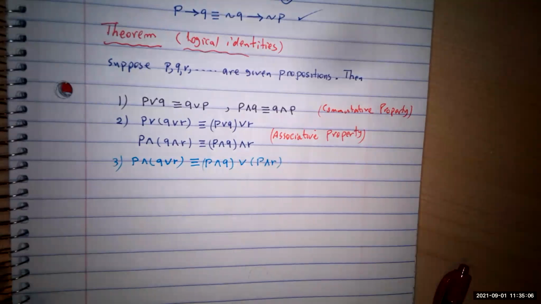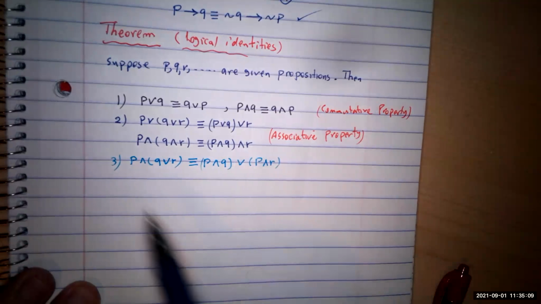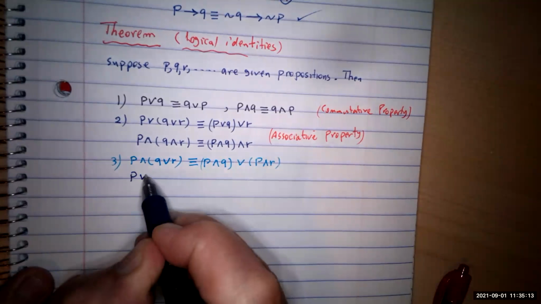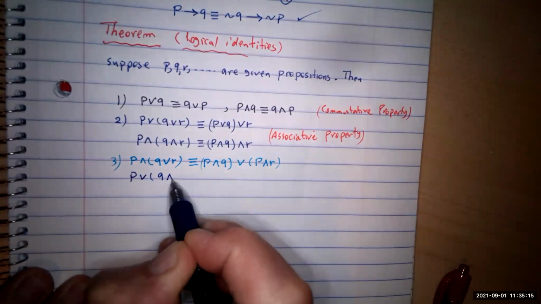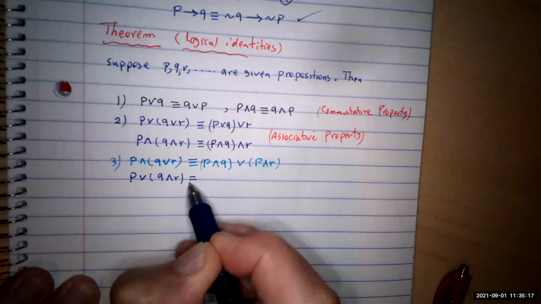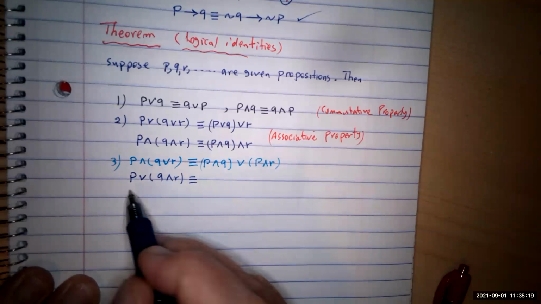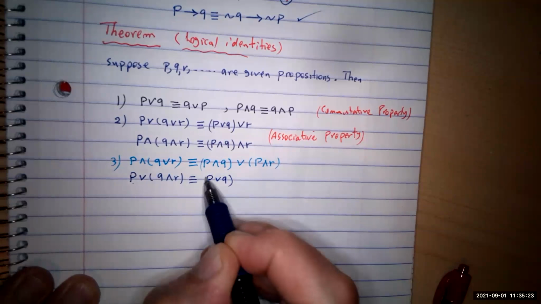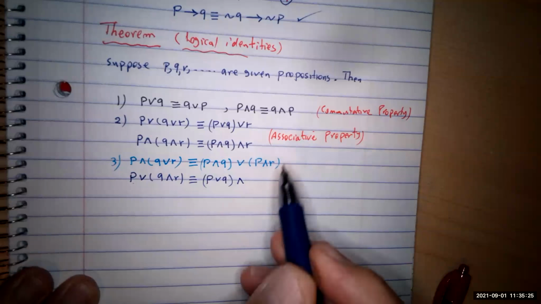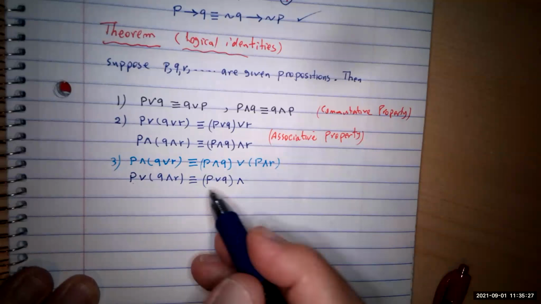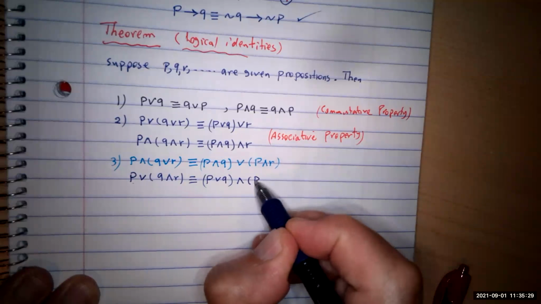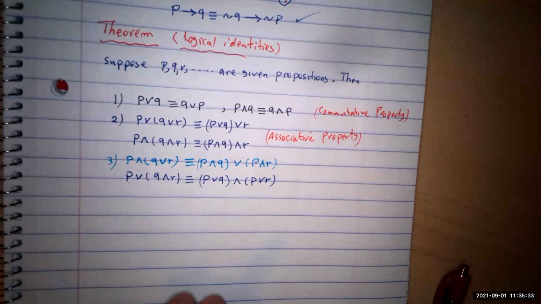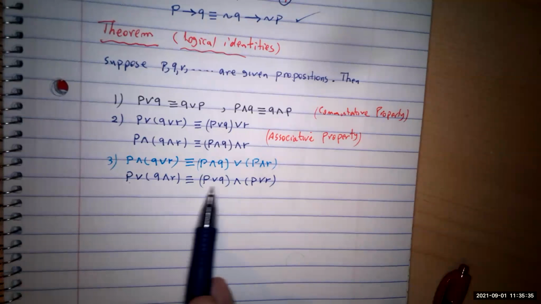Okay, then the dual means if you switch these. So P or Q and R is going to be the same as P or Q, and, P or R. When you compare it with the numbers, you don't have this one over here.